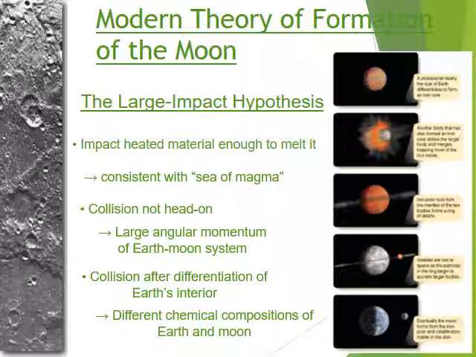And a good hypothesis always has evidence. It's not just a guess. There's got to be evidence. Part of the evidence that supports this hypothesis is that the Earth and the moon have different chemical compositions. The Earth is much more dense than the moon. The Earth has a lot more iron than the moon. That's partly because the Earth, at the time of this collision, was already differentiated.